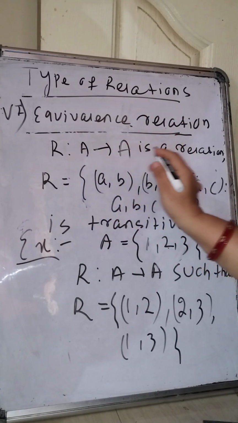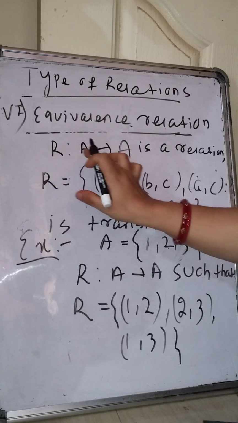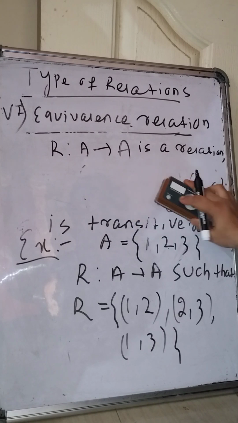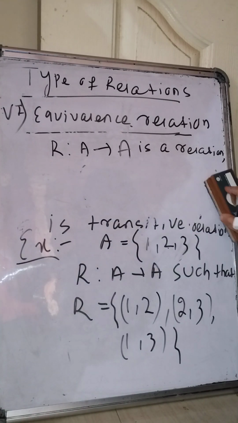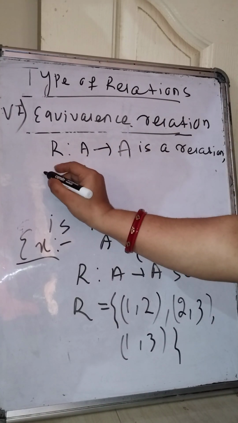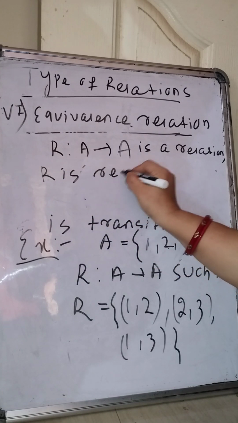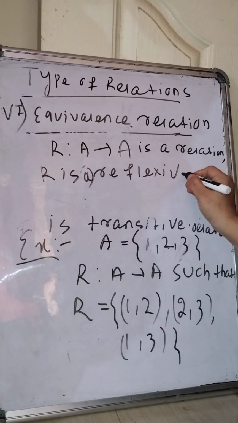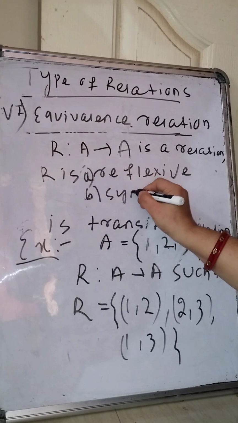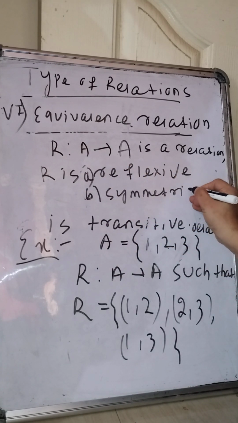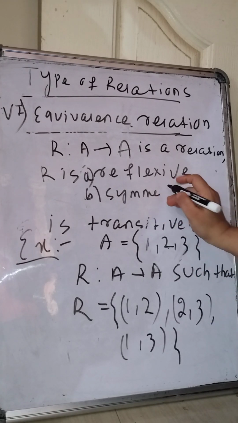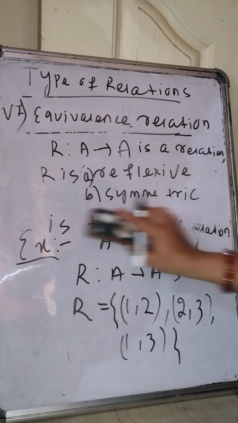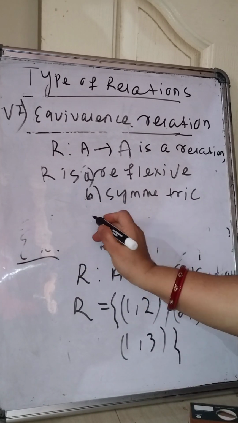Previously we discussed that a relation R on set A is an equivalence relation if this relation satisfies all three types, meaning R is reflexive, R is symmetric, and third, R is transitive.